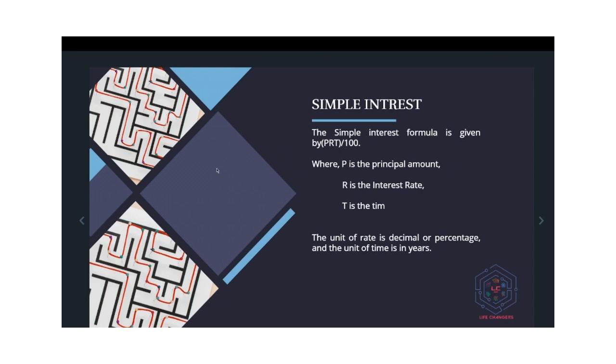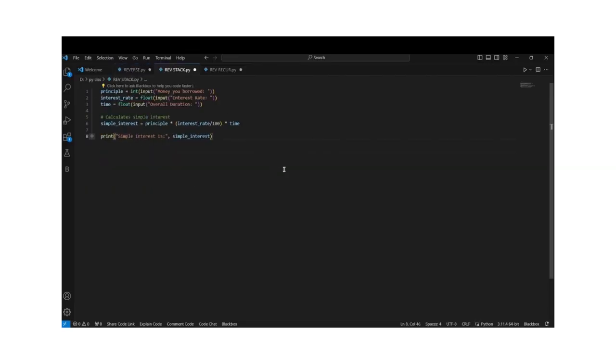So this is a simple interest program. Just read the code. Principal is equal to input, the money you borrowed. Interest rate is also an input, which we read as a float. Time is equal to the overall duration.